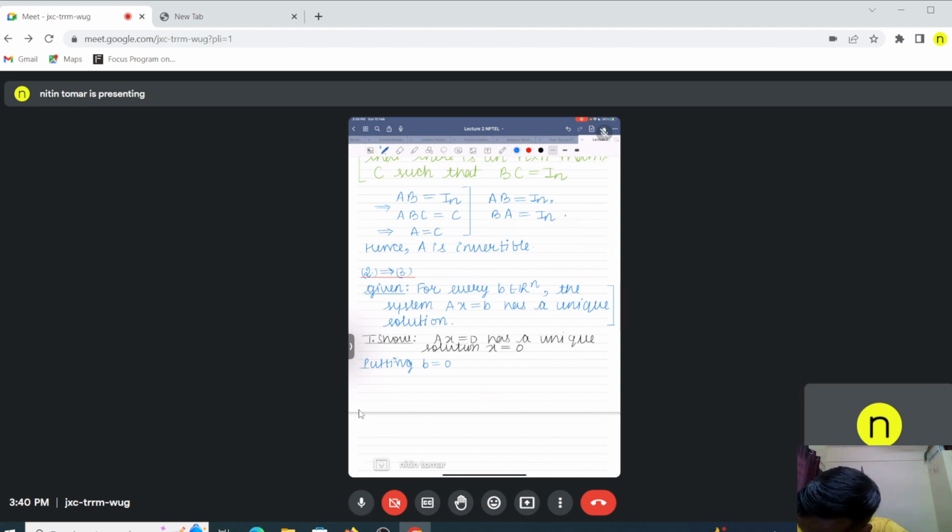Yes, in particular. Very good. In particular, ax equal to 0 has a unique solution.